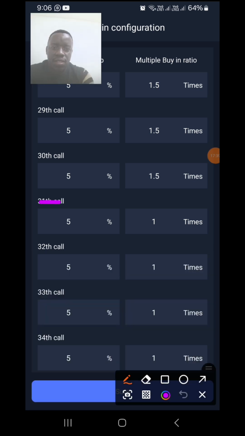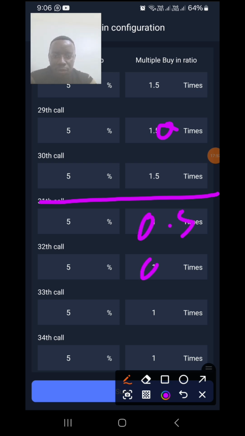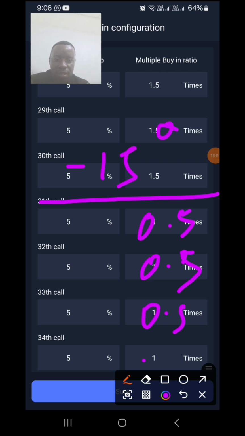Then when you reach this 30th, remember you have already put this 0.5 up, so you've deducted it from down. On this downside you have to put 0.5, just in case the robot goes beyond negative 15, it starts buying with 0.5 up to the 60th margin call.